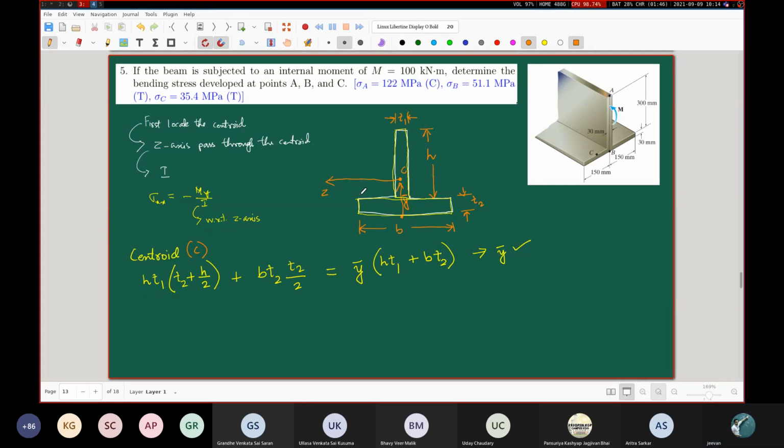So our actual z axis is the axis which would be passing through the neutral axis. This neutral axis is also passing through the centroid, and the actual y coordinate will be like this. So the second moment of area has to be calculated for this entire cross section with respect to this z axis that is passing through the centroid. So you tell me how do you find the second moment of area?